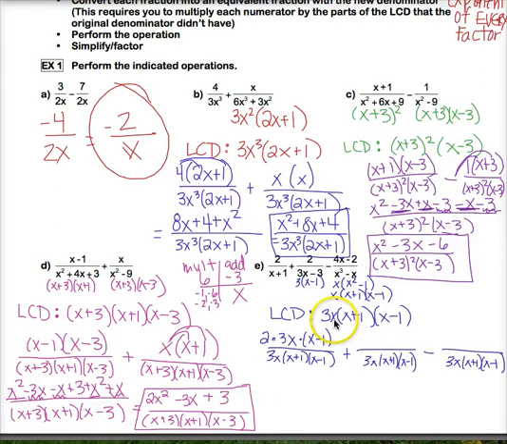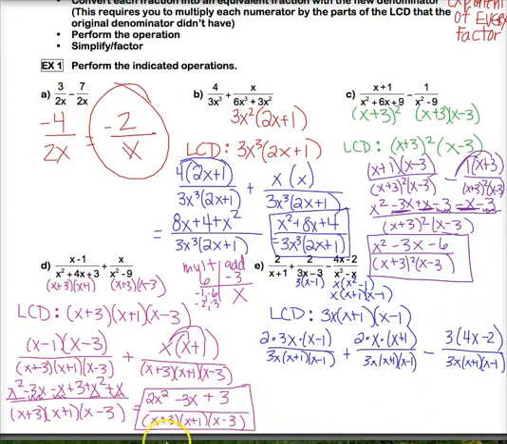It did not have the x and the x plus 1. So times x plus 1. Third fraction had the x plus 1 and the x minus 1. The only thing it did not have was the 3. So my original was 4x minus 2. It's going to need multiplied by the 3.